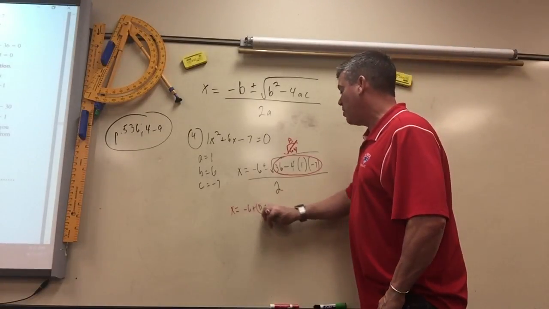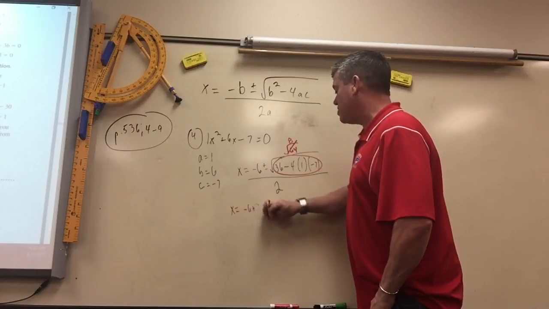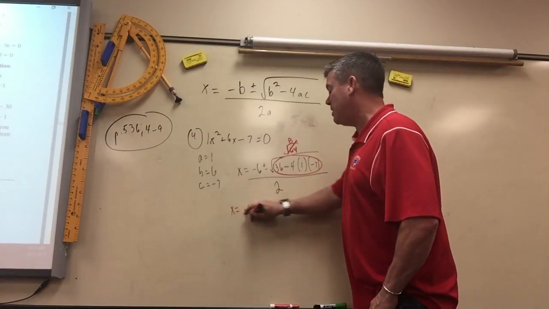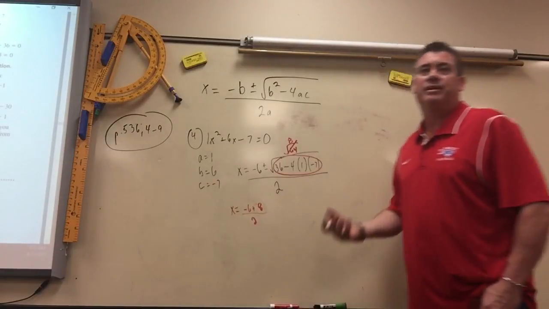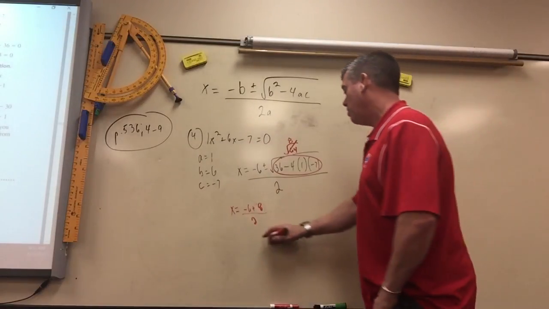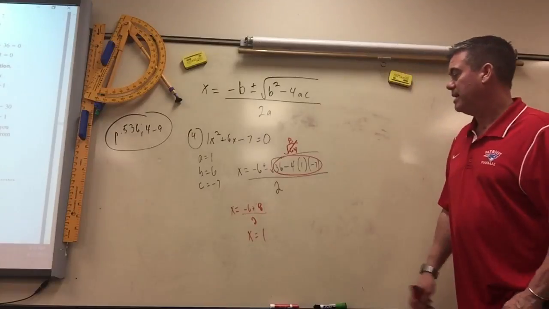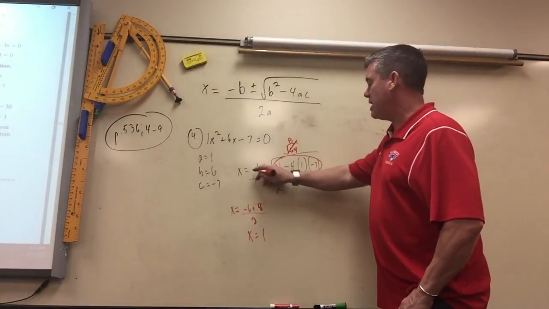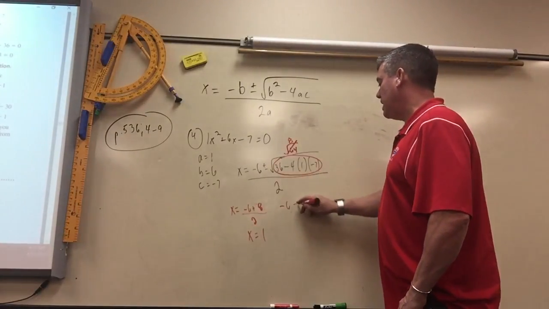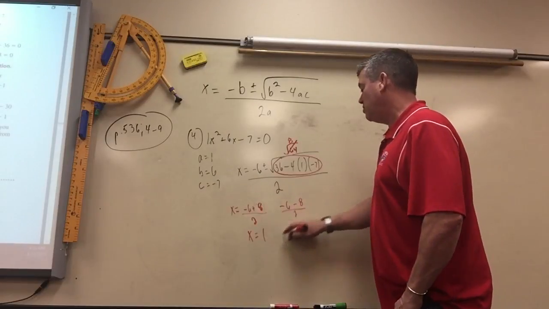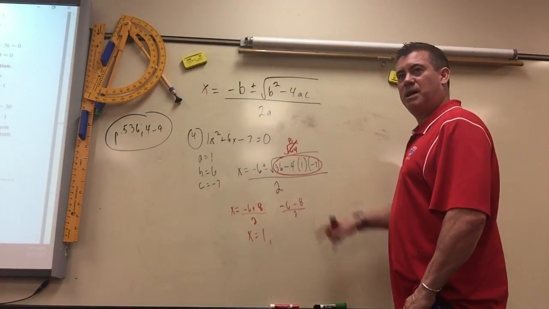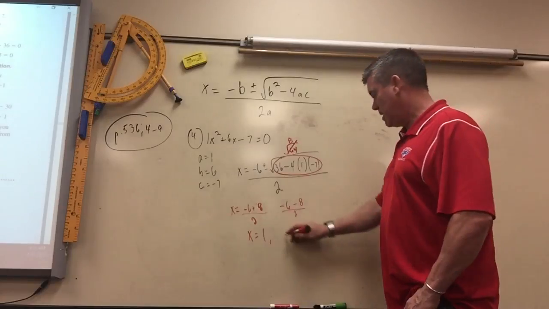So you've got to go negative 6 plus 8, press equals, and then divide by 2. Now usually you can do it in your head. That's 2 divided by 2, it's 1. Then the second answer is negative 6 minus 8 divided by 2. Negative 6 minus 8 is negative 14, divided by 2 is negative 7.